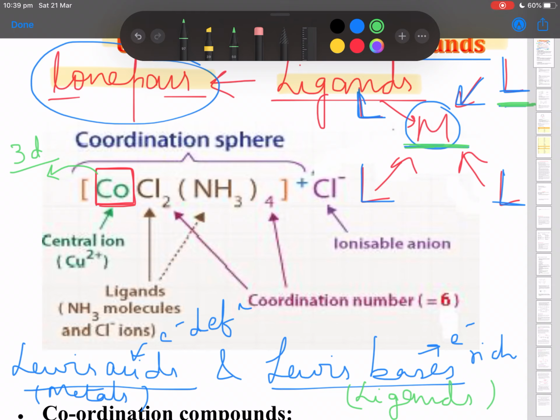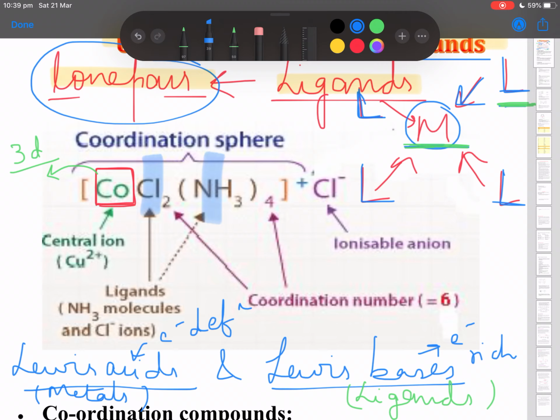Now since it is electron deficient, it is in need of electrons. So who are going to be the donor for such metal atoms? Those are none other than ligands. So where are the ligands in this structure? Let me highlight it for you. Ligands are Cl and NH3, right?